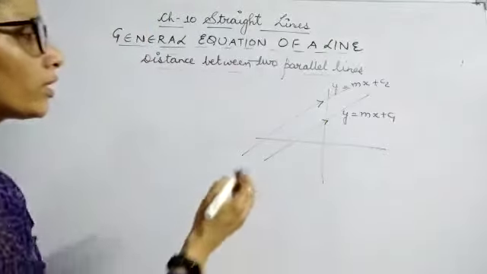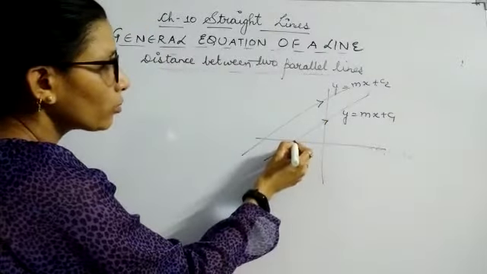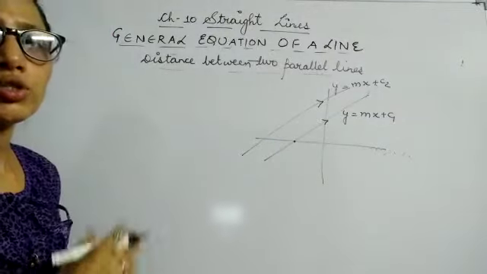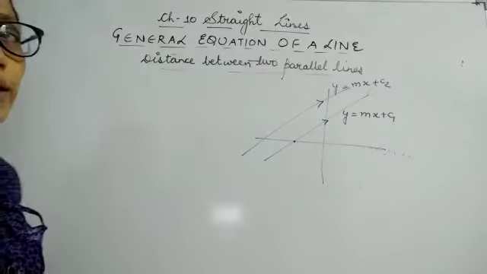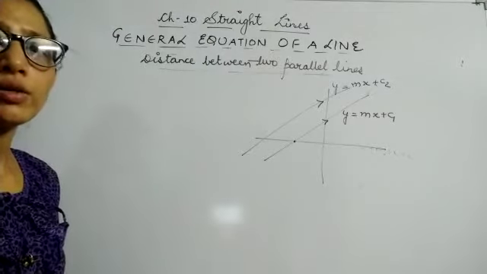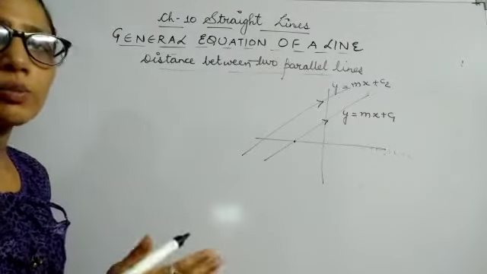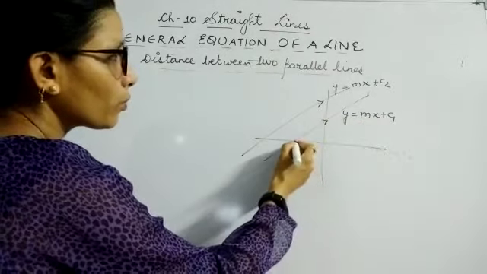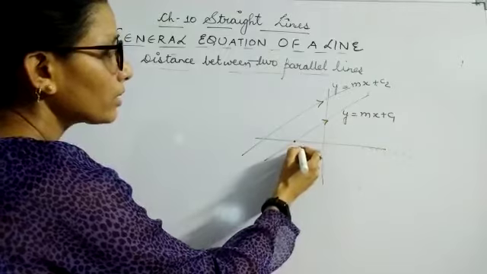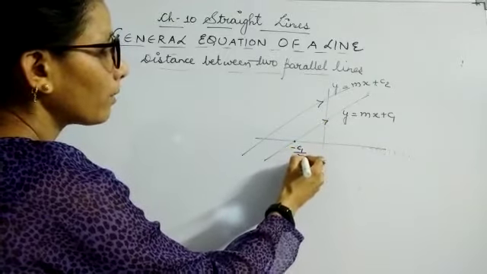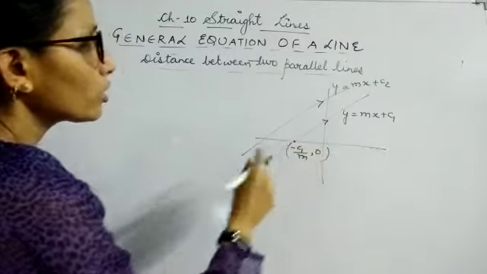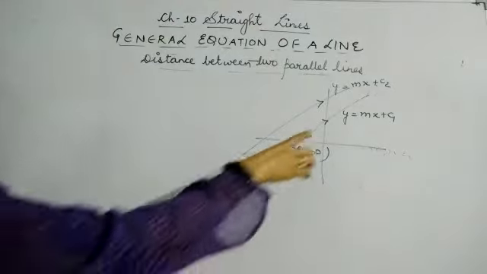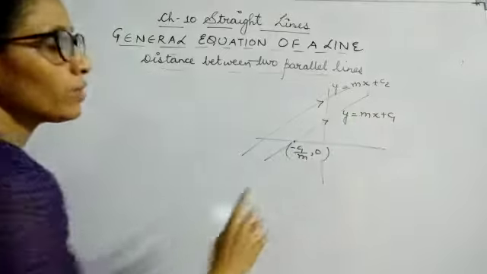Now children, you can find the coordinate of this point by your previous knowledge of the general equation of a line, ax plus by plus c. So here you can find that this point can be written as minus c1 upon m comma 0. So this is the point through which your y equal to mx plus c1 passes.